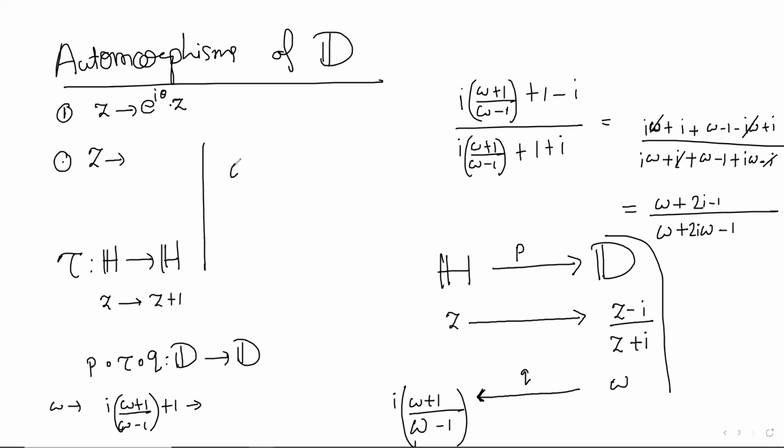Now let us try to see if it can be understood. So this is omega. I think this is what I wrote. It's coming out to be this, and this is coming out to be this. Maybe.